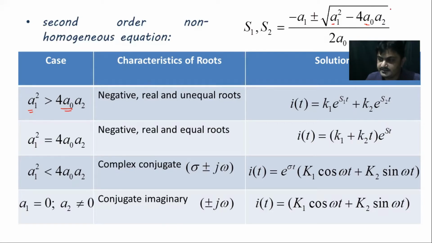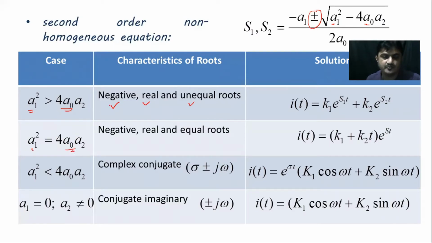So it means that this will ultimately turn out to be a real number. And because of this negative sign, you will get your root, that is your negative, real, and as well as unequal root, because of this plus or minus sign, right? So your generalized solution that we already discussed right now, that is k1 e raised to s1t plus k2 e raised to s2t.